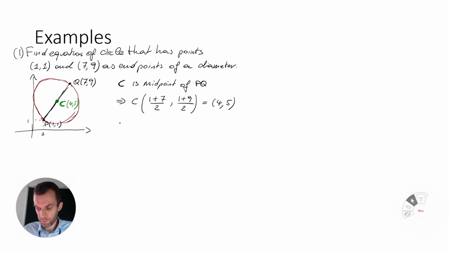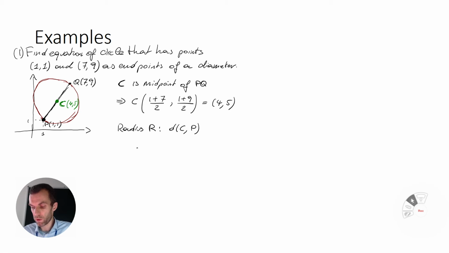And now the radius, let's call it r. For that we can take any point on the circle. Let's take P, and it's the distance from the center to a point on the circle.